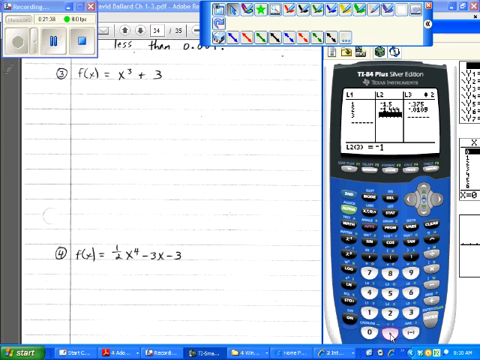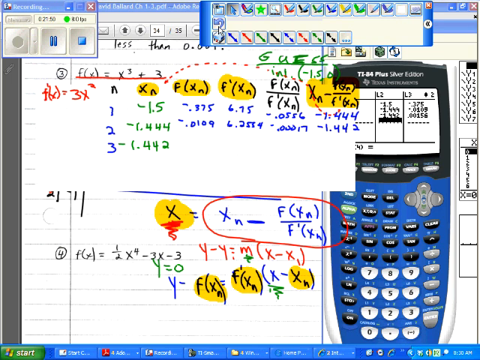So negative 1.442. You see it's important to take it out a few decimal places. Enter. And we get some new information which we'll plug in, and we're going to have 0.0156.